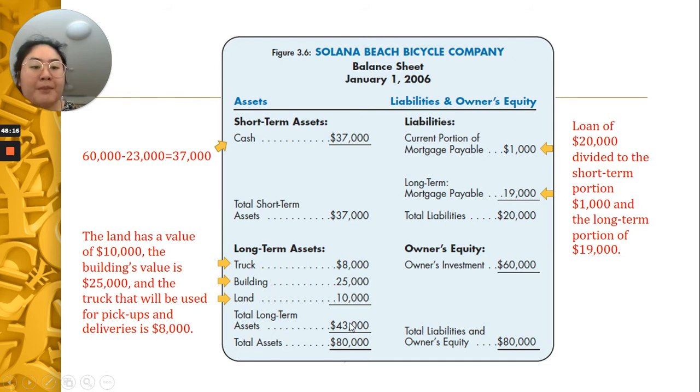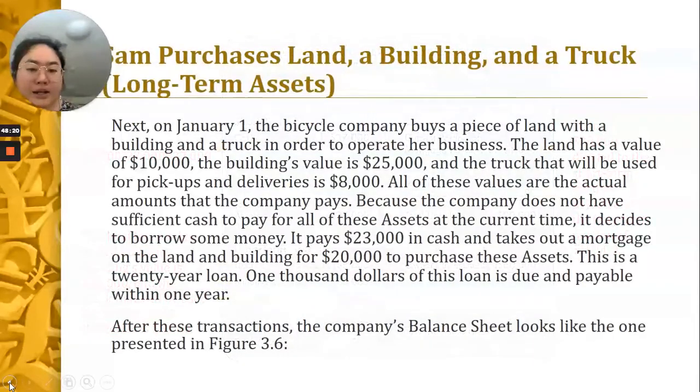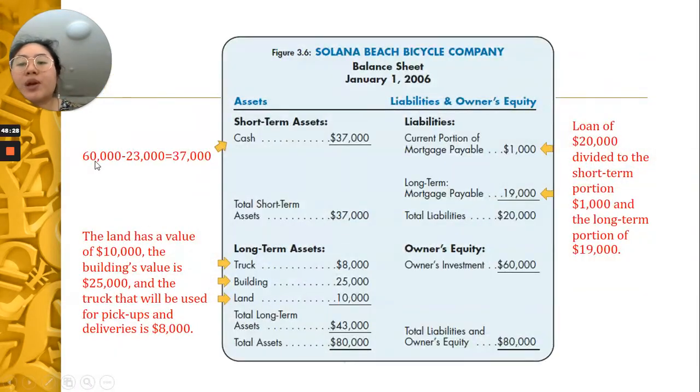But for this one, you should understand that they paid in cash 23,000. So the cash will be 60,000 minus 23,000 equal to 37,000.